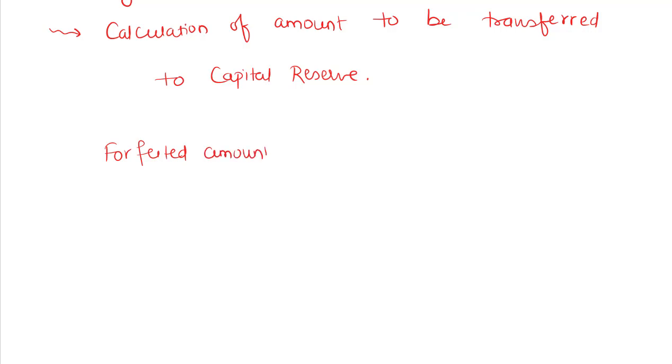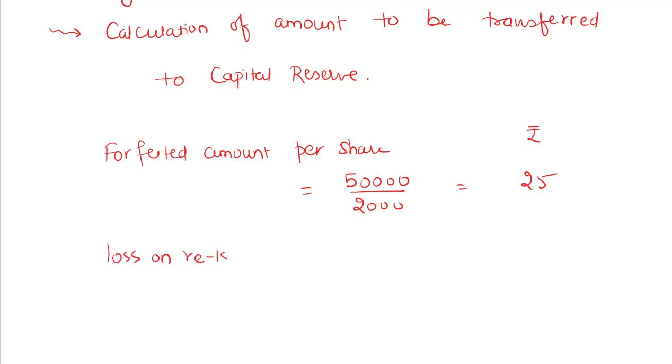Forfeited amount per share: amount is 50,000, shares are 2,000, so per share it is rupee 25. Loss on reissue: 75 minus 65 because it was issued at 65, 10 rupees is the loss.